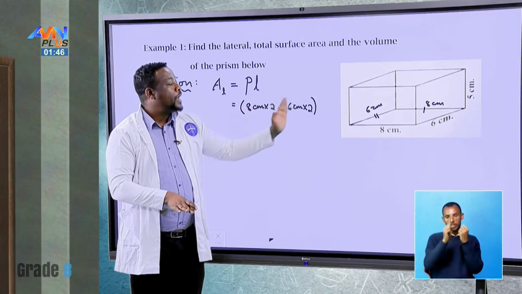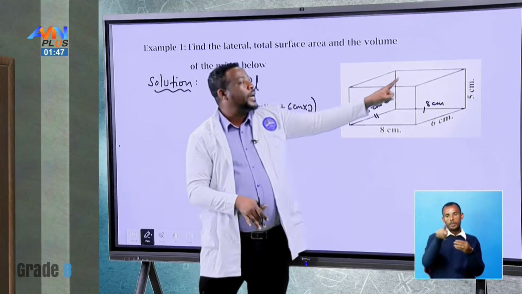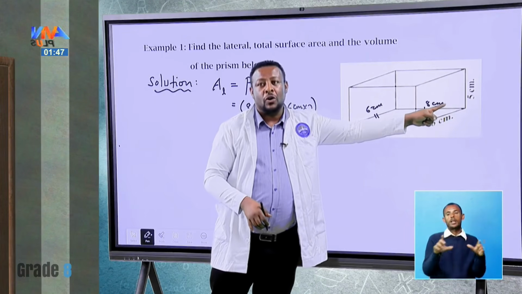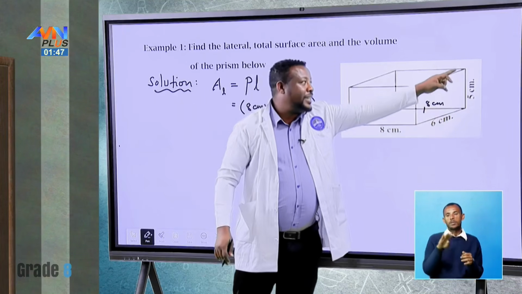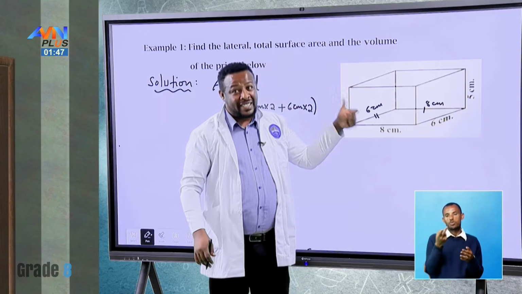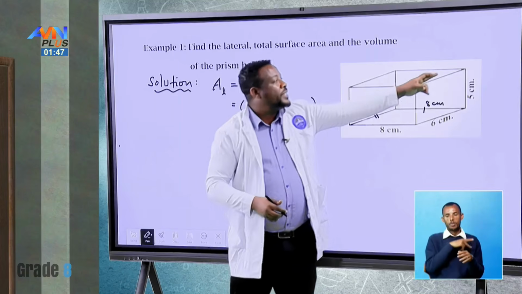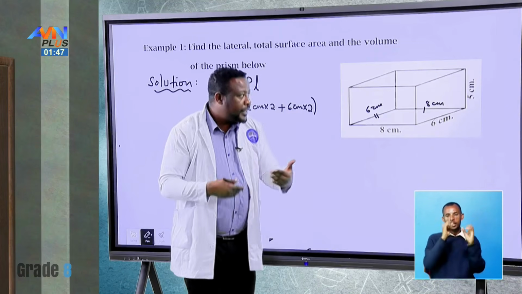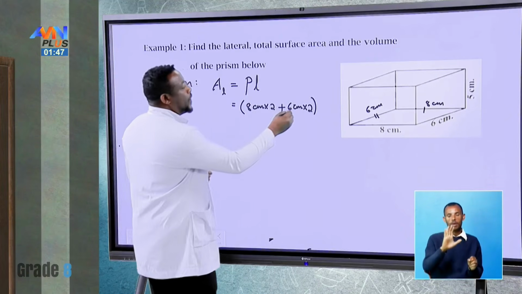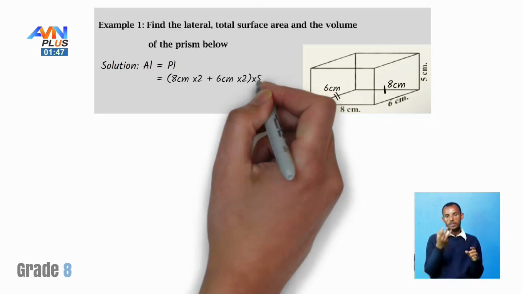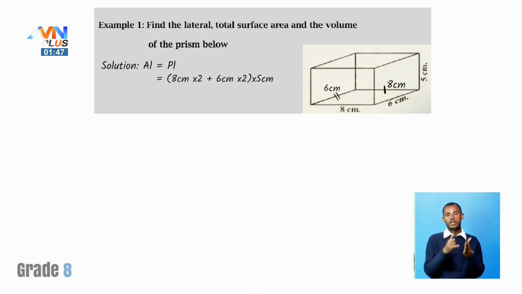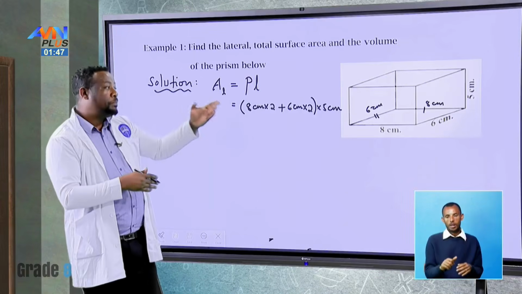We multiply this perimeter by the lateral edge. By the way, this and this are the same. We have seen this in the property of a prism. So this can serve as a height. Therefore, the lateral edge is 5. You multiply this by 5 centimeters. The result gives us the lateral surface area of the prism.